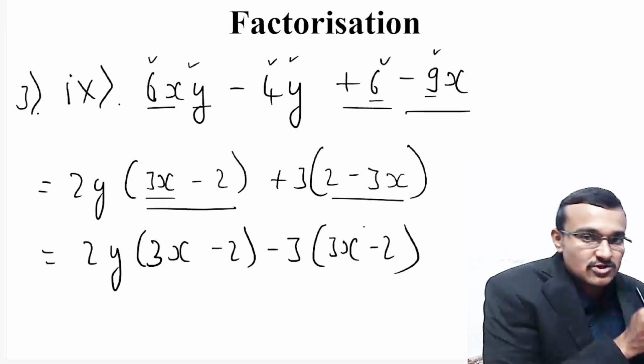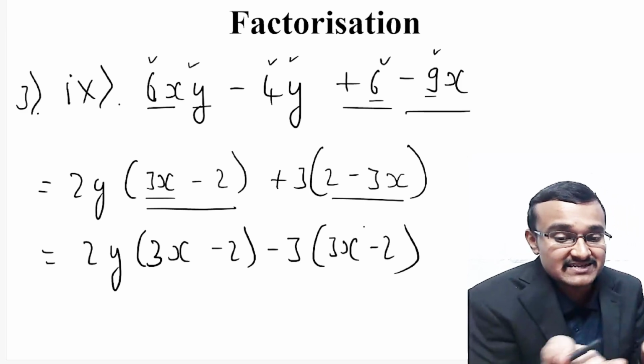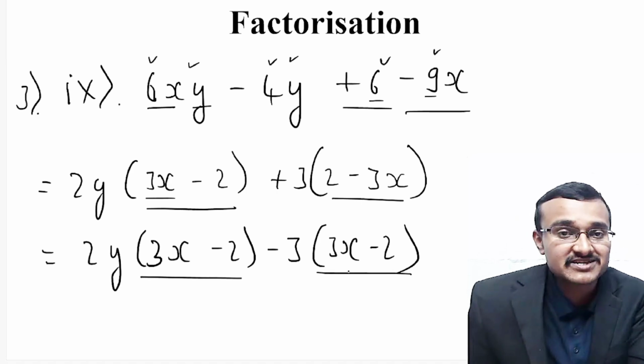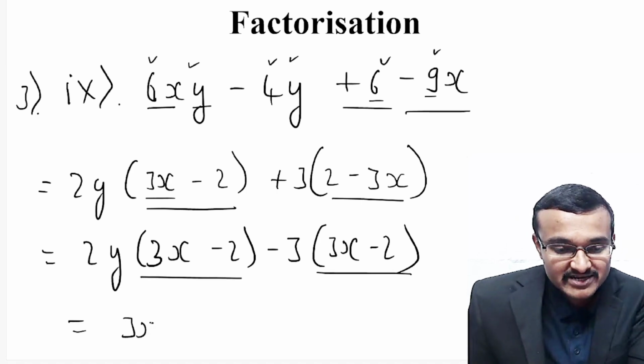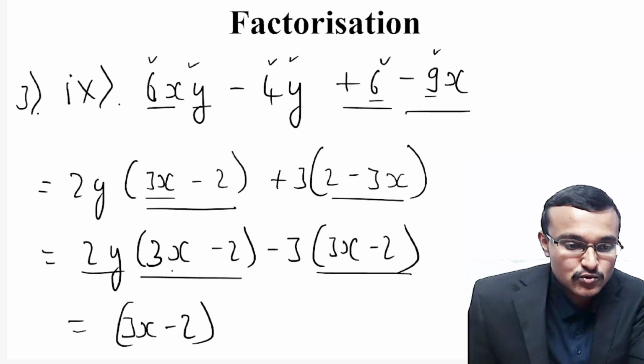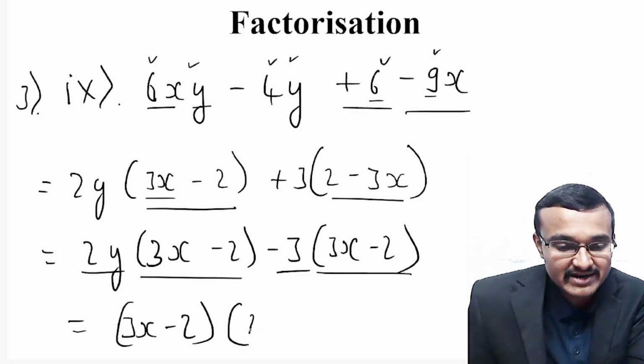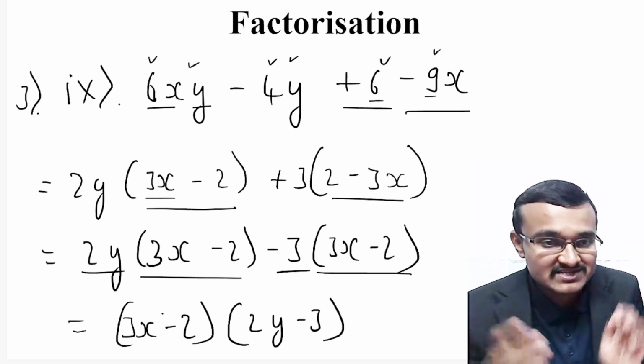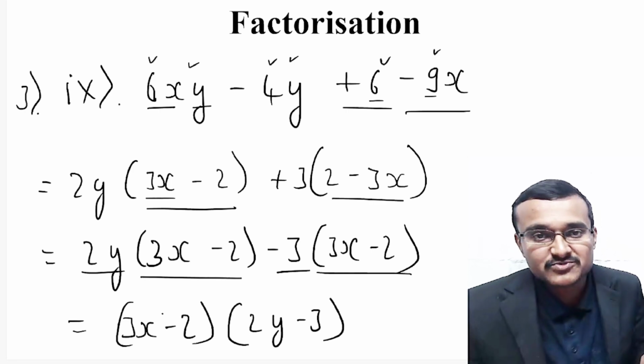So you can take minus outside bracket and write this as minus 3 into 3x minus 2. So here also 3x minus 2 is there, here also 3x minus 2 is there. You can take 3x minus 2 as common, and 2y minus 3 will be remaining inside bracket. 2y minus 3. So 3x minus 2 into 2y minus 3 are the factors for this particular ninth question in third question.